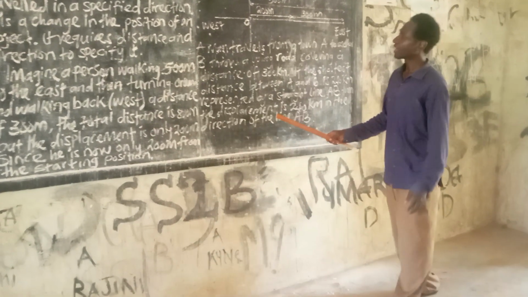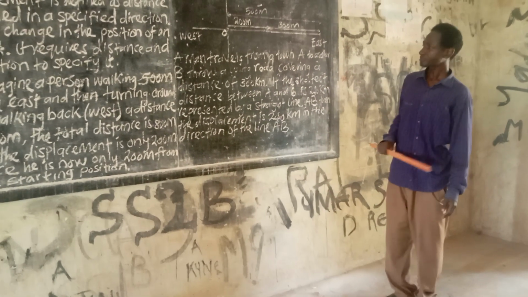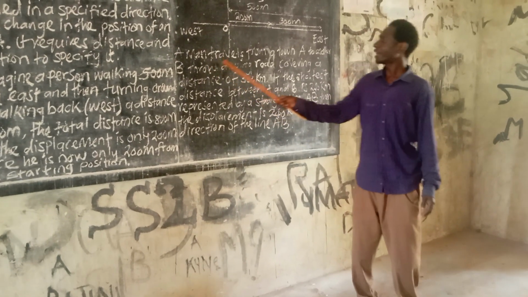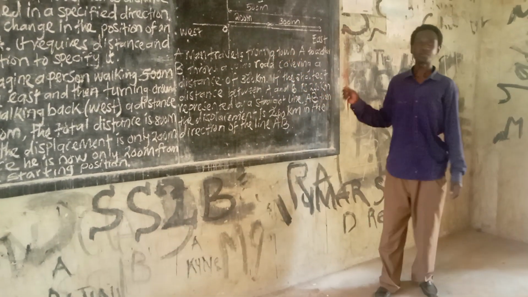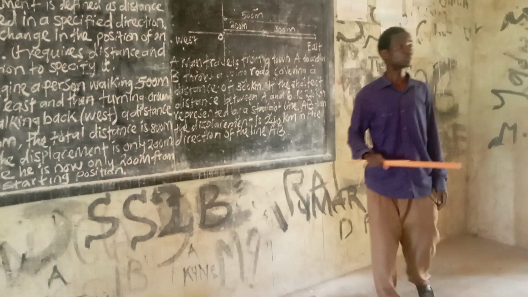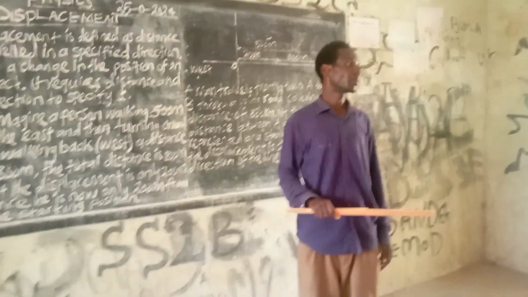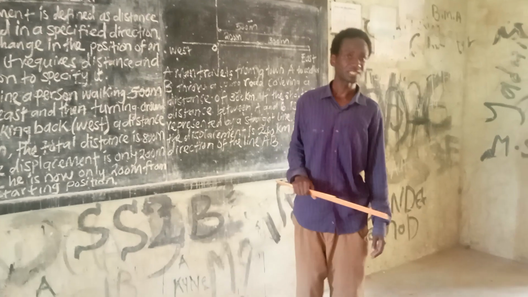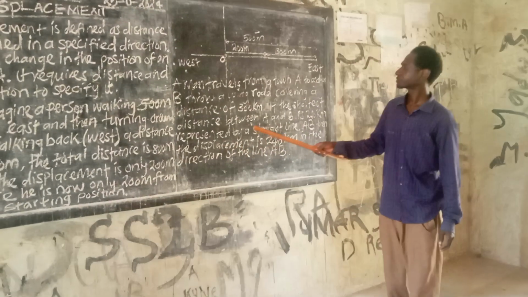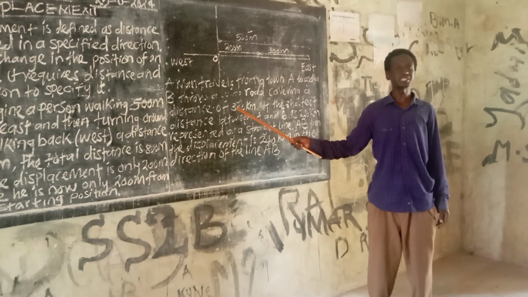So, example number 2. A man travels from town A to another town B through a winding road, covering a distance of 300 kilometers.